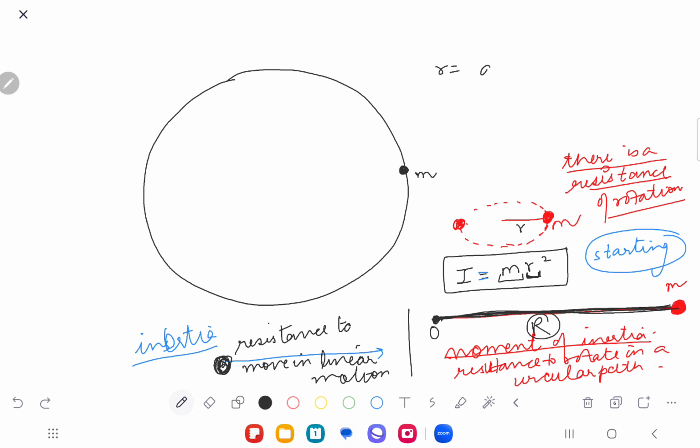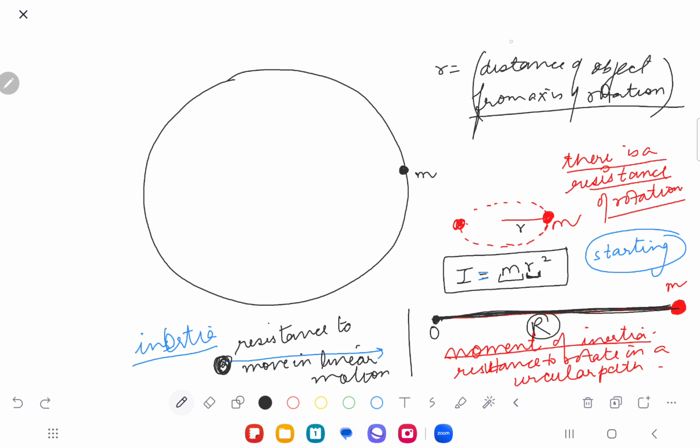Small r is the distance of the object from the axis of rotation. Yes or no? So you see that I equals mr square. Are you understanding my point?